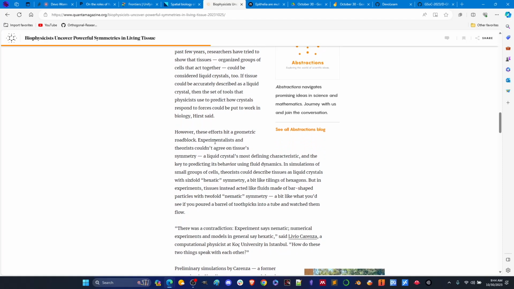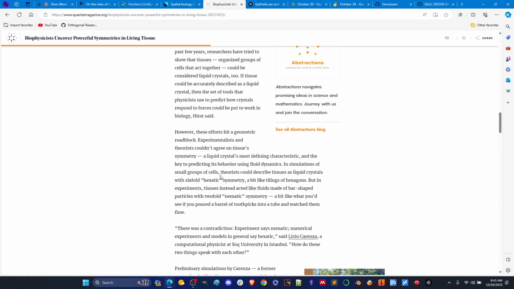So these efforts hit a geometric roadblock. Experimentalists and theorists couldn't agree on the tissue symmetry. This is important, to know the orientation of the cells in this case, and it's key to this theory. You have to be able to know the orientation to predict the fluid dynamic behaviors.